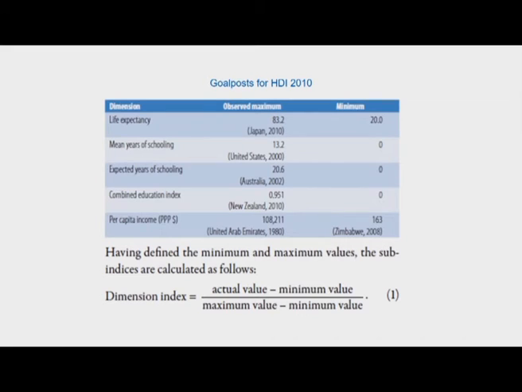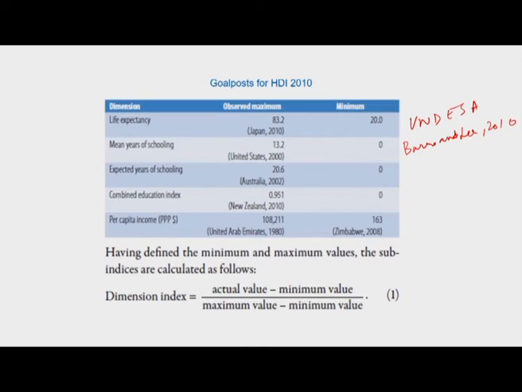So, these were the observed maximum and the minimum, and these were taken from reliable sources. The HDR of 2000 mentions that these goalposts were for life expectancy at birth. The information was taken from UNDESA, Department of Economic and Social Affairs of the United Nations. Mean years of schooling was taken from a paper by Barro and Lee in 2010.